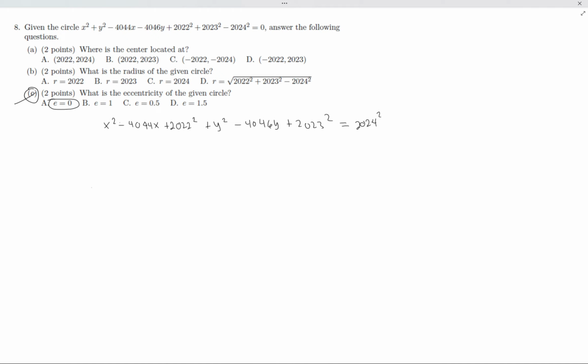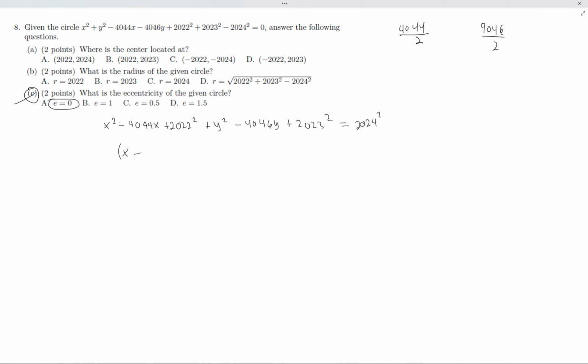Okay, now, look at this. The way that I rearranged this is because I know that 2022 is just 4044 divided by 2, and I know that 4046 divided by 2 is just 2023. Therefore, we can say that these two groups are already in perfect square form. All we need to do is to compress each of them to the binomial form.